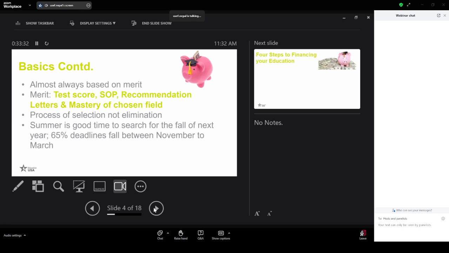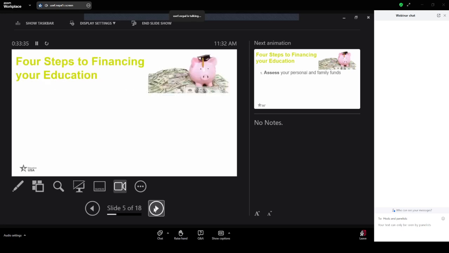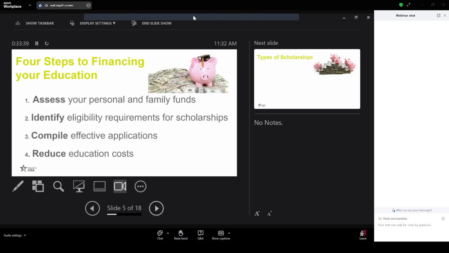Okay. Now, there are 4 steps to financing your education. So these are 4 things that you want to take into consideration, which is to assess your personal and family funds. So when we are applying for grad school, we may feel, oh, I don't want to pay any money at all.